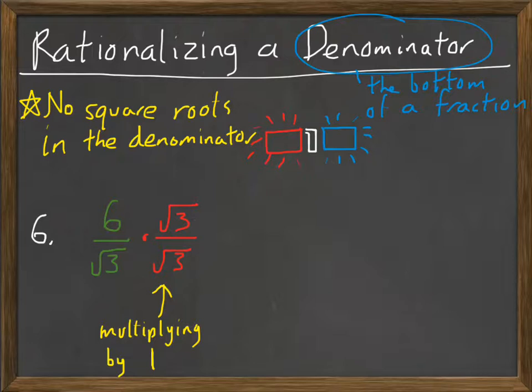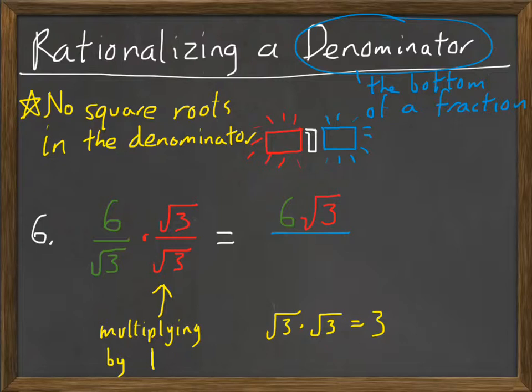Okay, so here we go. So multiplying on top, the 6 is outside and the 3 is inside, so I can't multiply them together. So on top I just have 6 times the square root of 3. On the bottom I have square root of 3 times square root of 3. But remember, we said from before that the square root of any number times itself is just the number inside. It gets rid of the square root.